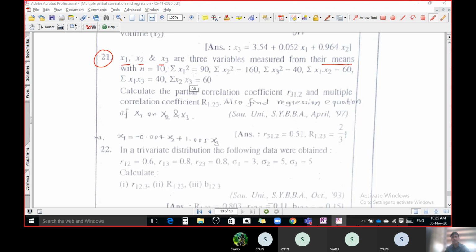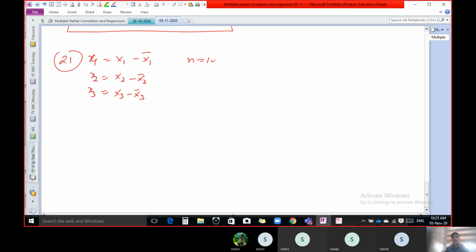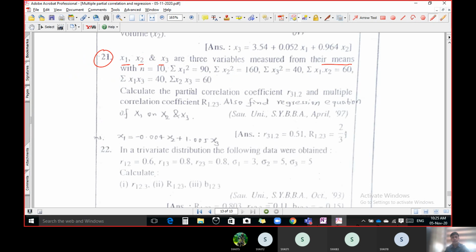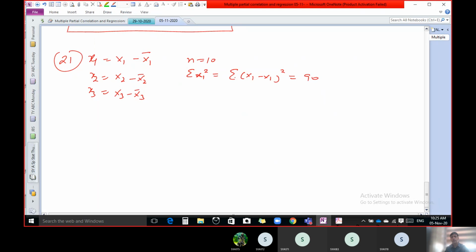Sigma x1 square is 90. Here n is 10. Sigma x1 square is nothing but sigma x1 minus x1 bar the whole square, that is 90. Then sigma x2 square, nothing but sigma x2 minus x2 bar the whole square, is 160.